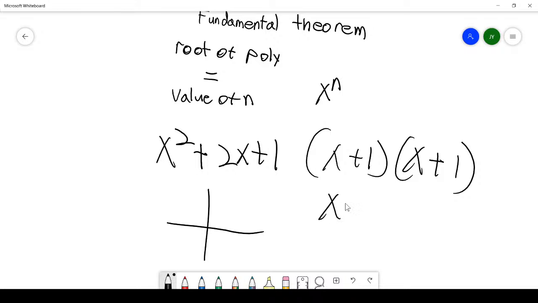So this is x minus 1, or x equals minus 1. Now the graph would look something like this.